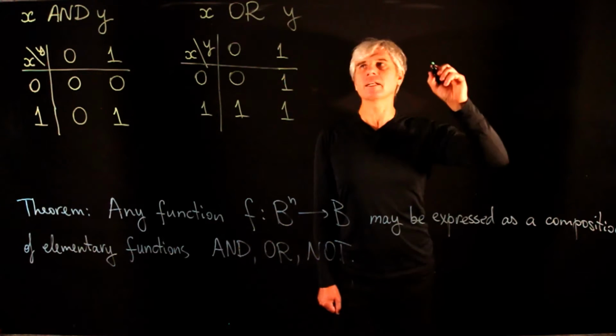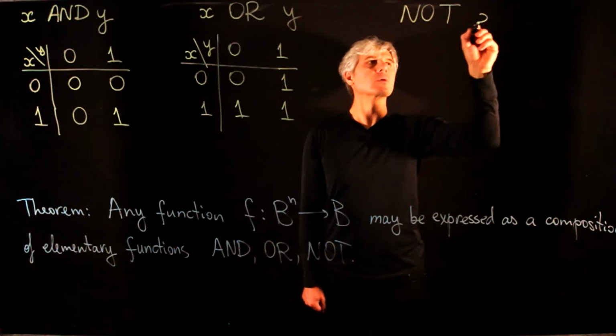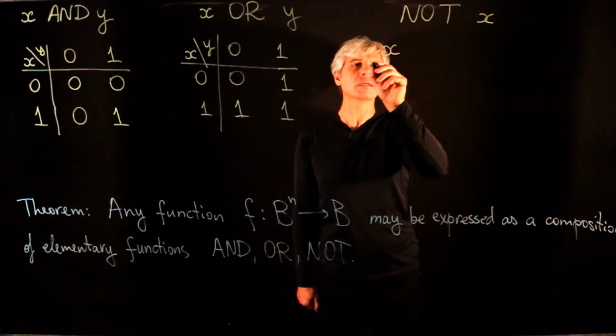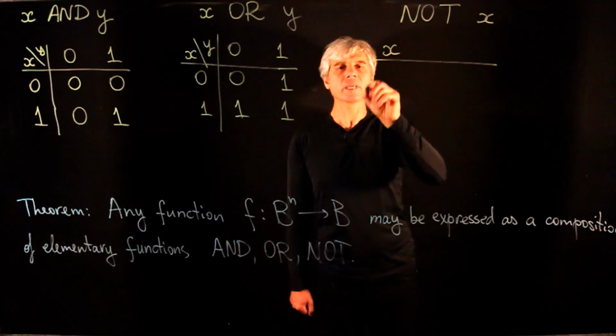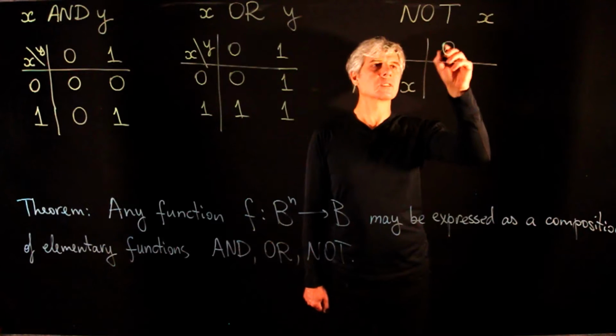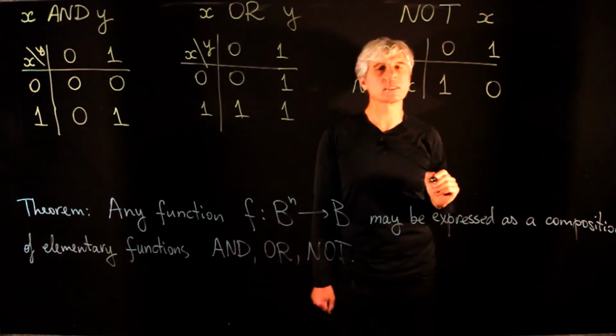And finally, we have the function not x. So this is negation, right? So if we have x here, then not x has the opposite value. So if x is 0, not x is 1. And if x is 1, then not x is 0.